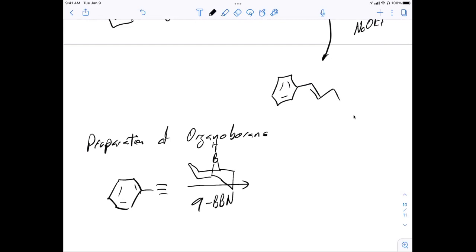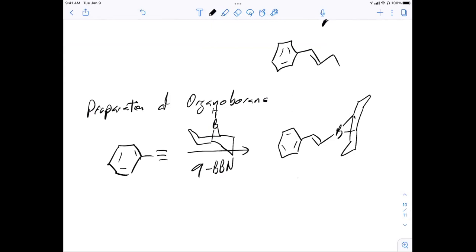We used those before, but then after we used 9-BBN, we would add hydrogen peroxide and a base to form the anti-Markovnikov alcohol, which would end up giving us an aldehyde. Here, you just stop. So instead of going ahead and doing the second step of the hydroboration oxidation, you just stop right here. This gives you your organoborane.